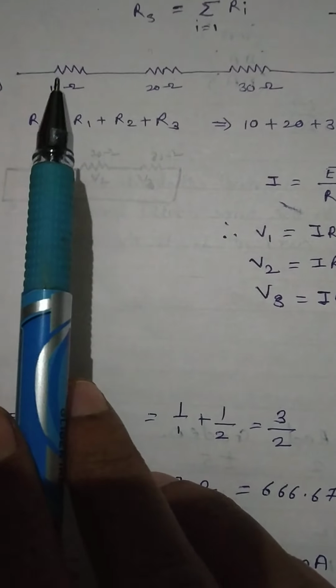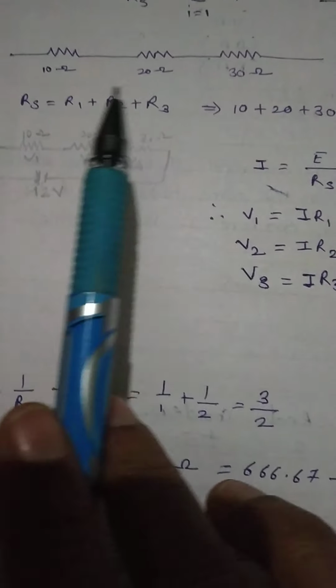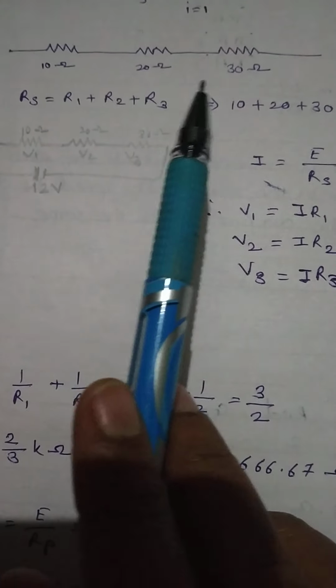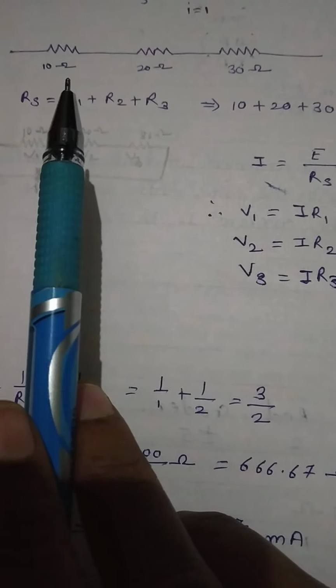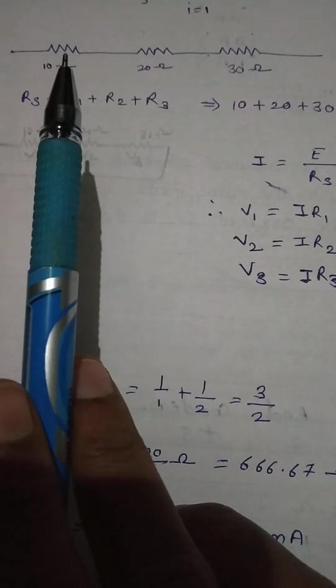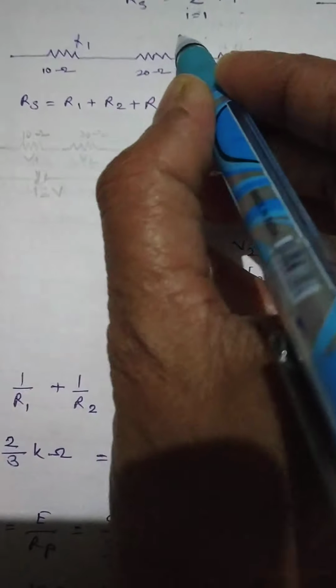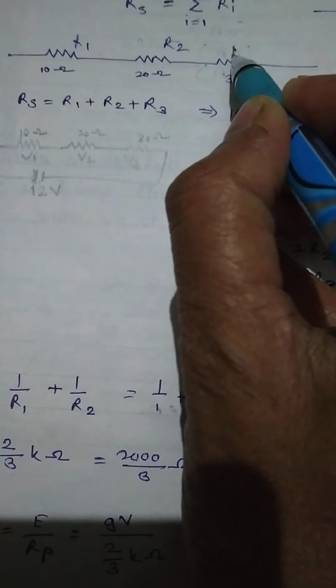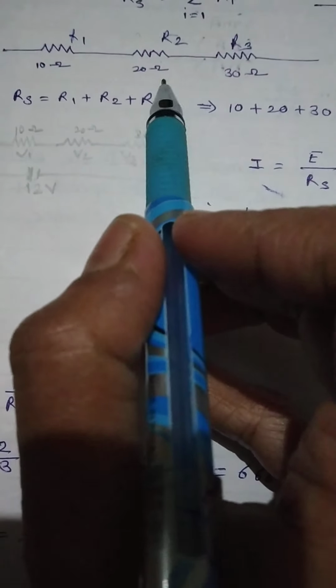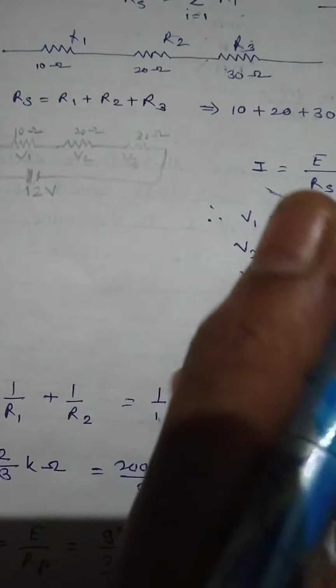Series combination means one by one the resistors are connected to each other. So the 10 ohm resistance is R1, the second is R2 and the third is R3, for 20 ohm and 30 ohm respectively.